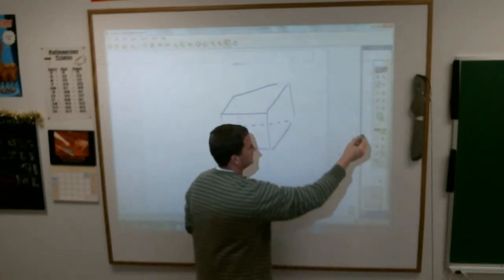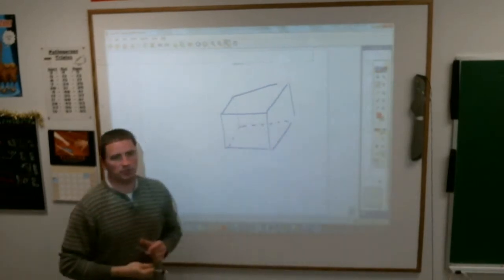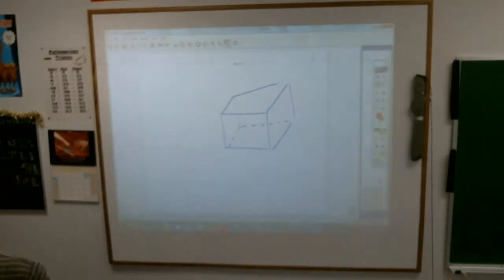Everybody got a guess? Now, just throw me a couple guesses out there. Brianna, what did you say? 4. You think that only 4 of these things are going there? Or maybe I should have dropped a few in there. There's 4. Does that take up the whole thing? How many do you think there? Jill? 100.